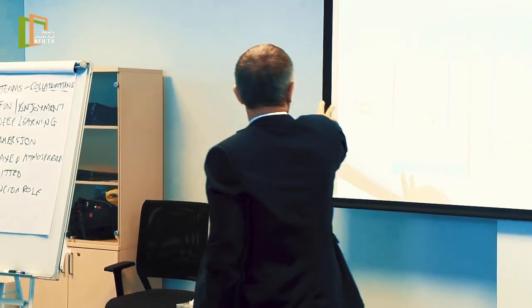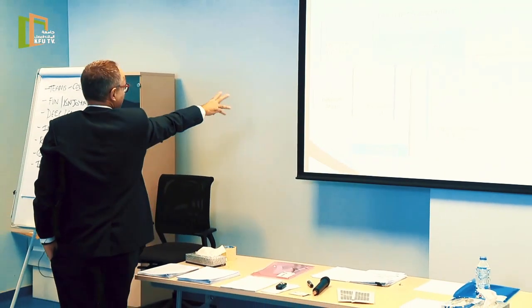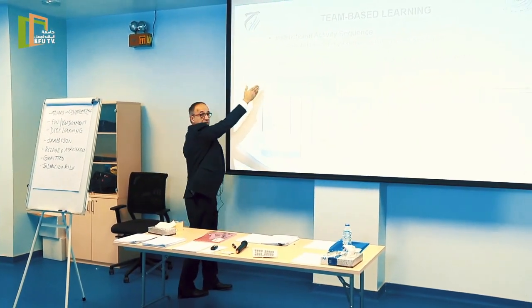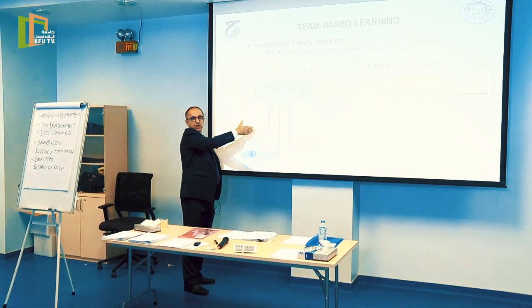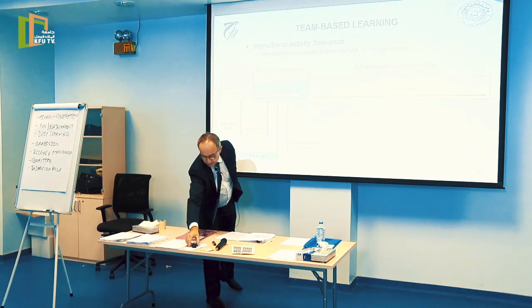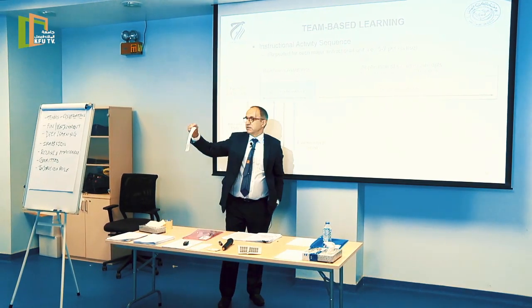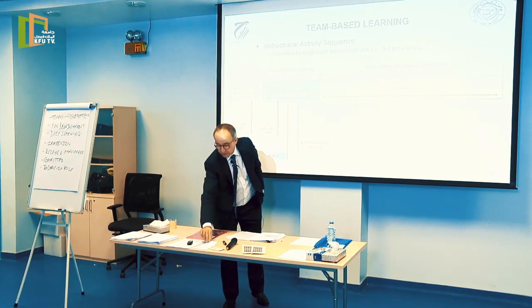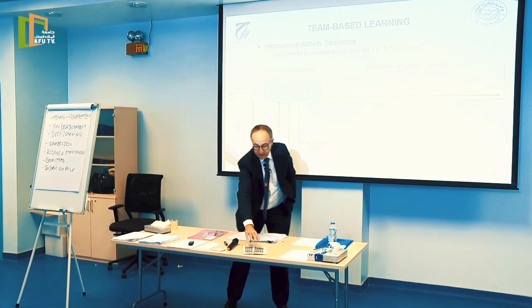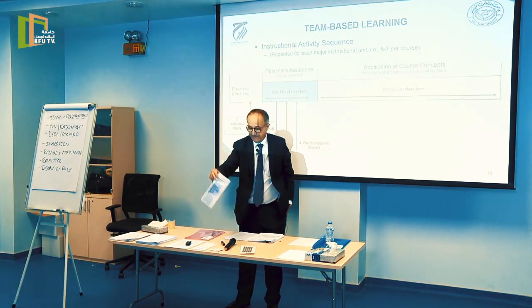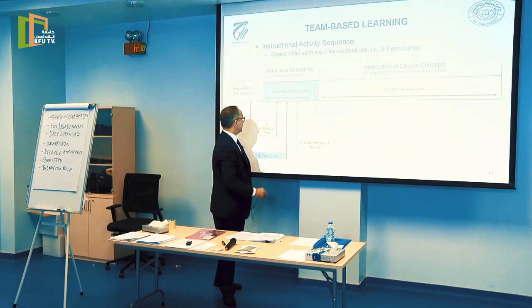So what's happening is you've got this individual study that's really becoming a combination of individual and team study. Then there's an individual test where people come in and get multiple choice questions and answer on something like this. Then they retake the same test and scratch it out here.